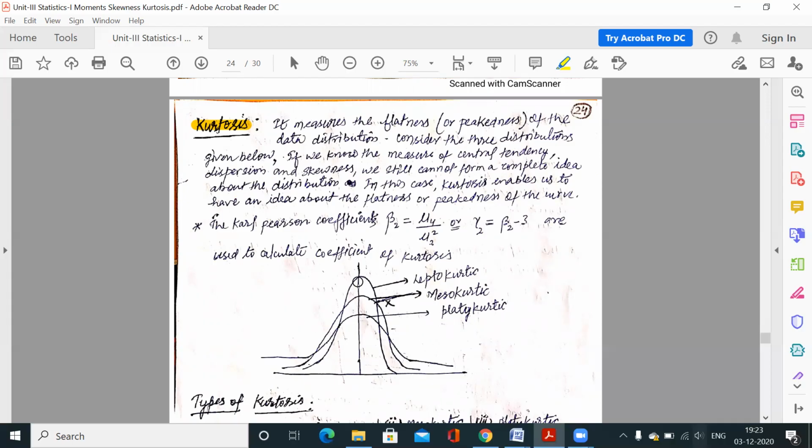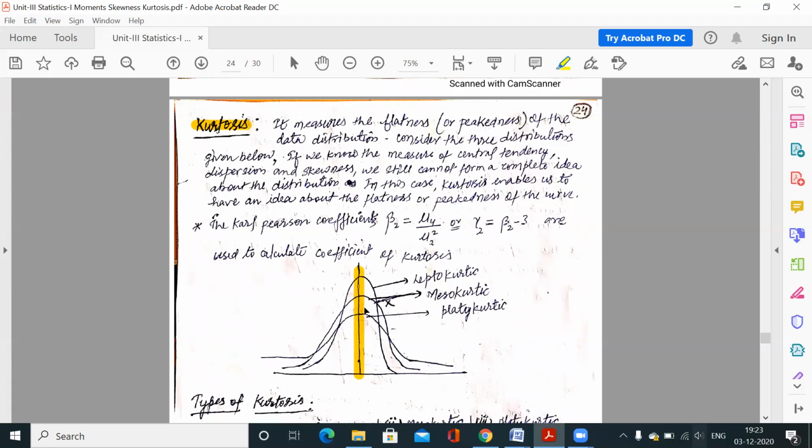If you observe the measure of central tendency, in all of these figures we have the same central tendency, the same central value. So we cannot differentiate them based on the measure of central tendency.